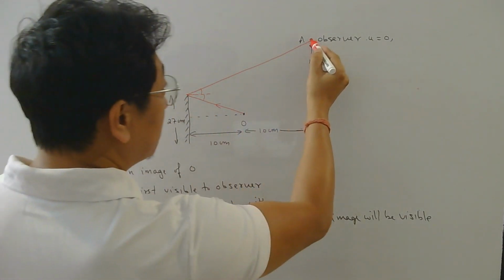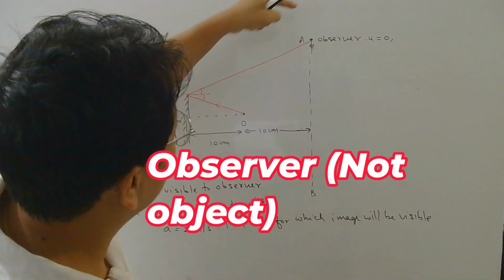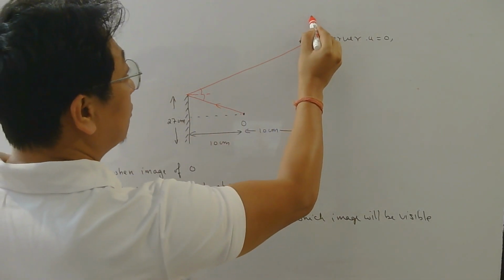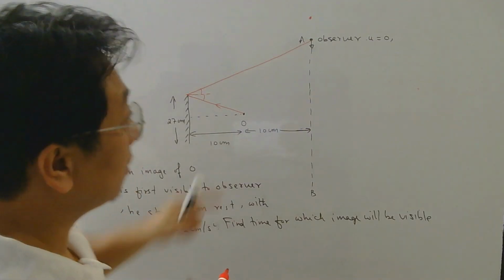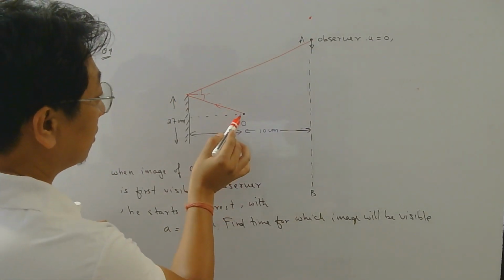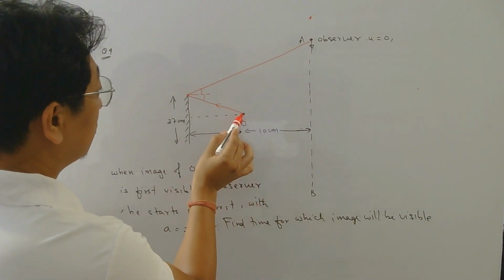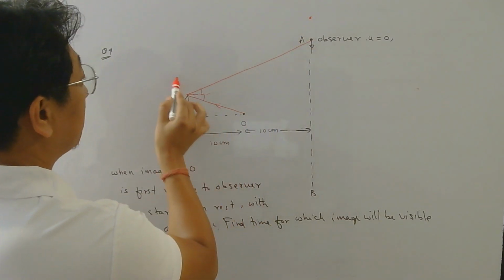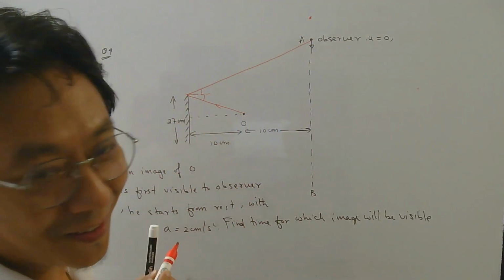So this is the first time the observer, while coming this way, will see the image, because when the observer was here, he will not see the image because to reach there, light has to reflect from here, right? But there is no mirror here.